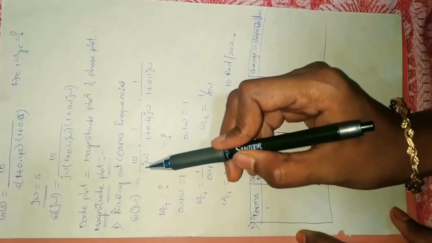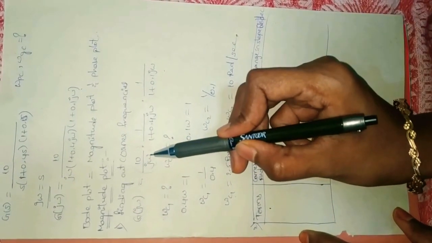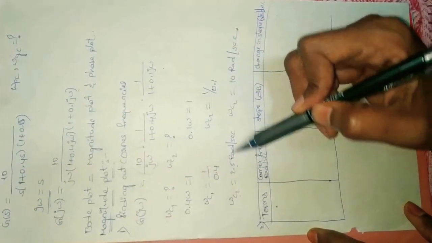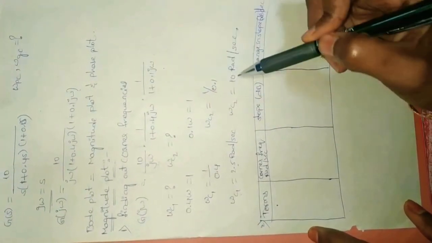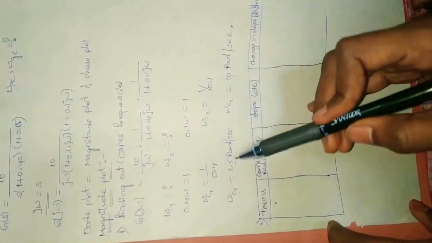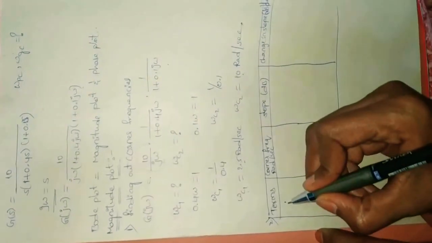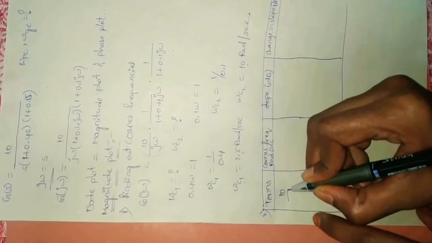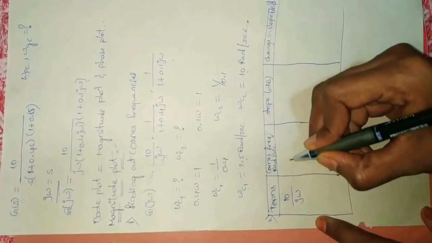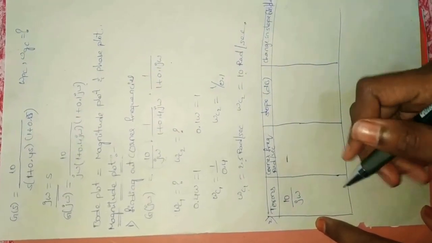If you observe this, the corner frequency of the first term is 0, the corner frequency of the second term is 2.5 and the corner frequency of the third term is 10 radians per second. Now I'll write the terms in increasing order of corner frequencies. I'll write first 10 divided by j omega because it won't have any corner frequency.